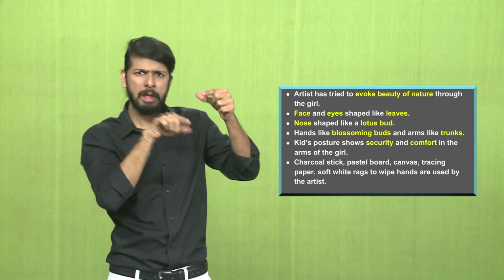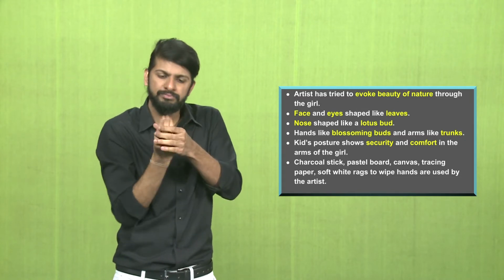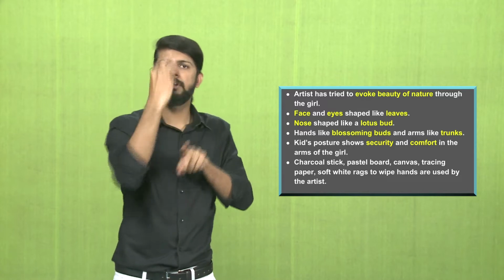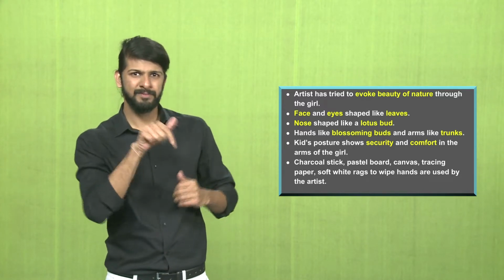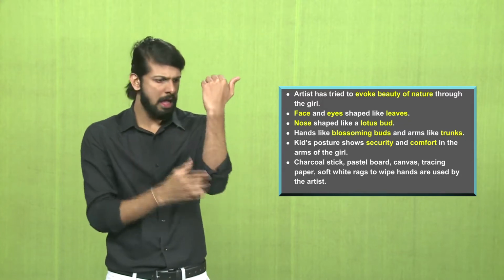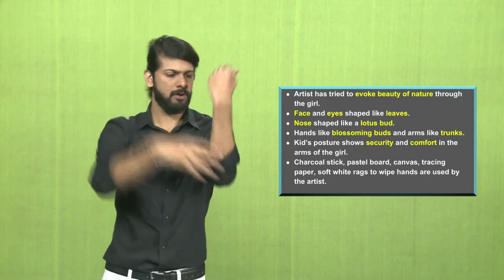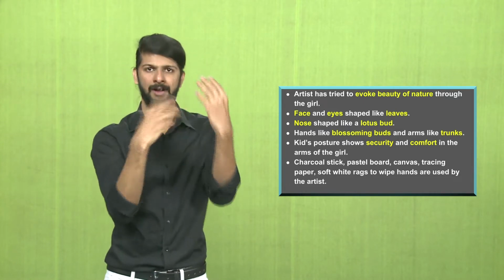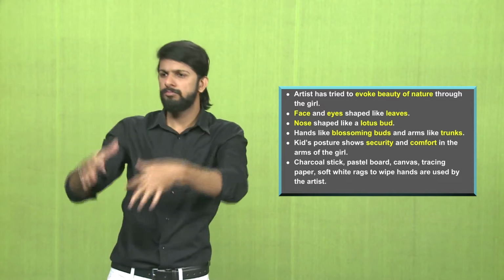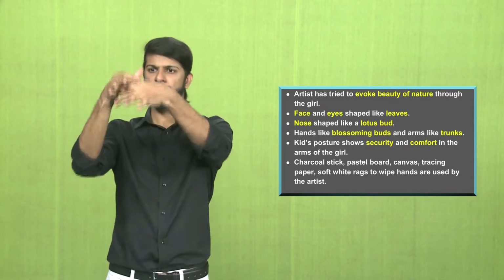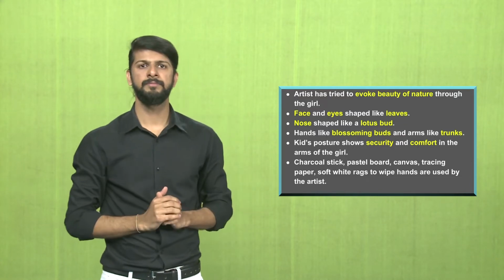You will see the nose is shaped like a lotus bud. The hands are shaped like blossoming buds. The arms are shaped like trunks of the tree, again taking from nature.